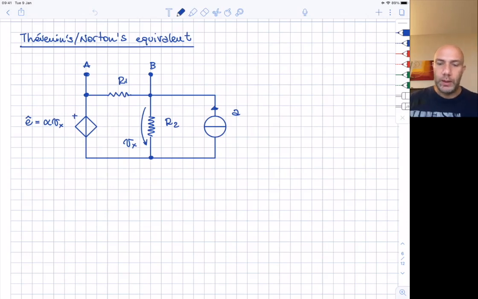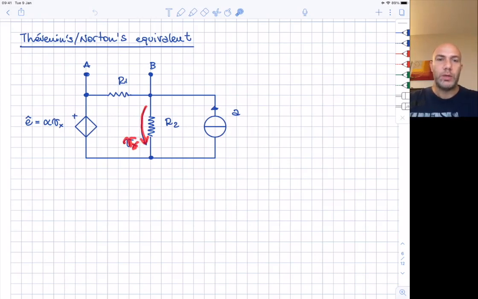So, like in this case, we want to calculate the Thevenin's and Norton's equivalent of the circuit at its terminals A and B, and the controlling variable Vx is included in this two-terminal component.